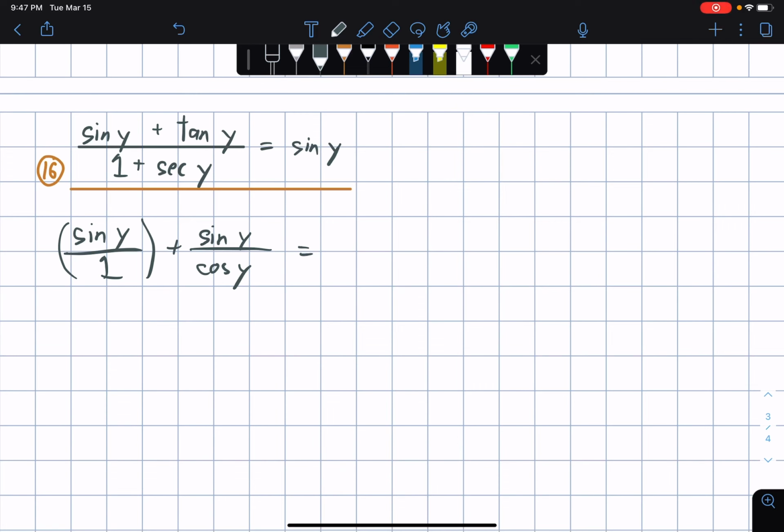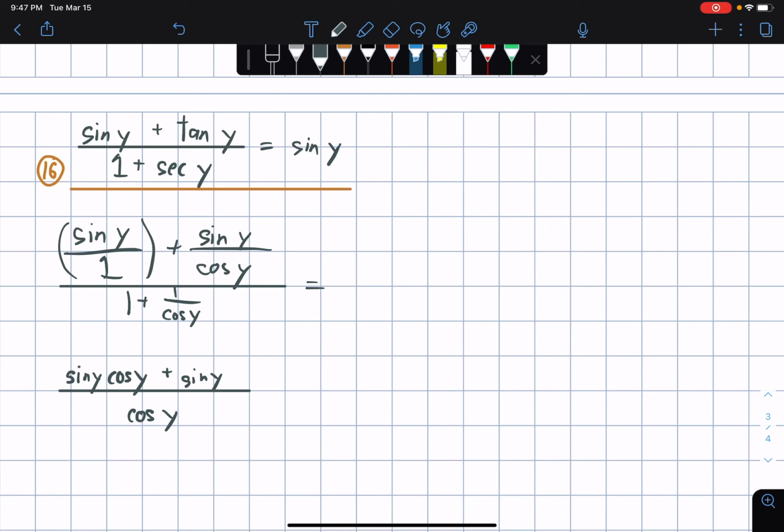So let's proceed. For our denominator, it's 1 plus 1 over cos sine y. So we keep things this way and find the common denominator in the upper part. We get cosine y and we get sine y cos y plus sine y.